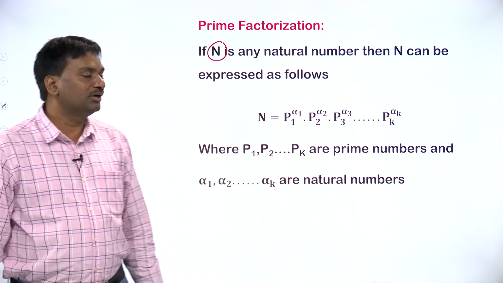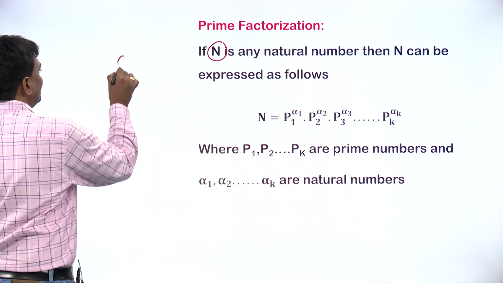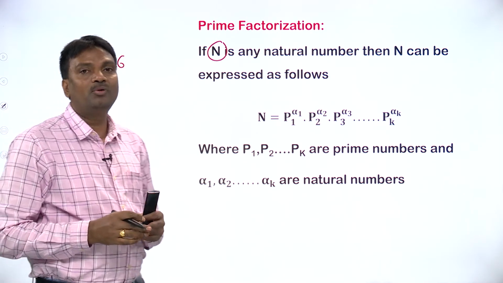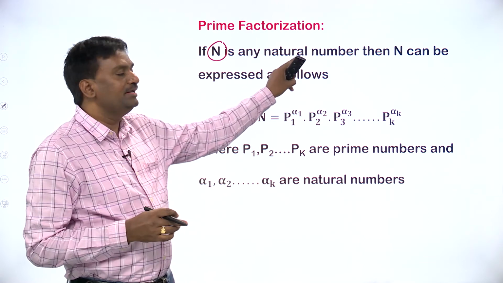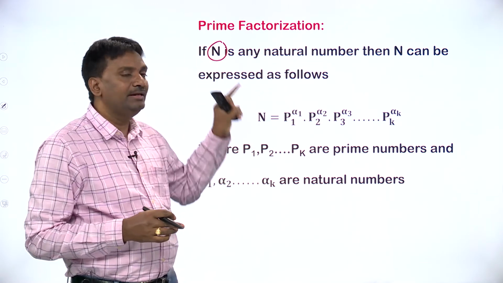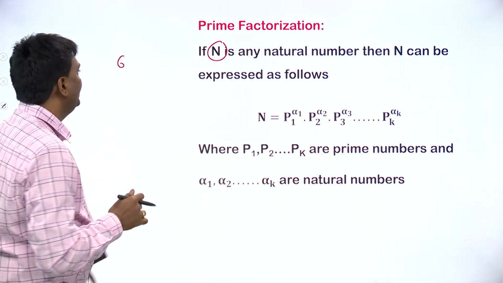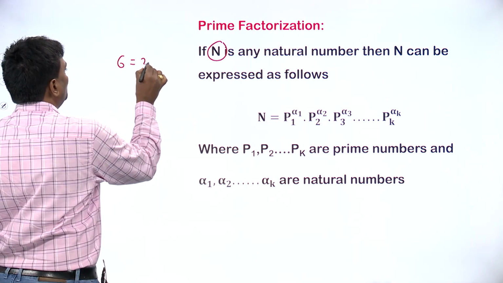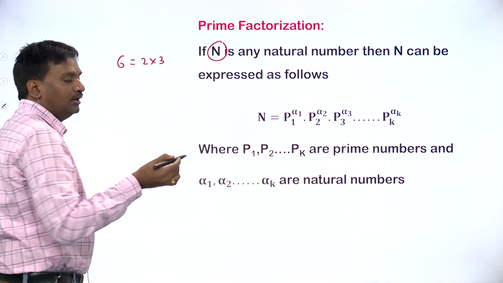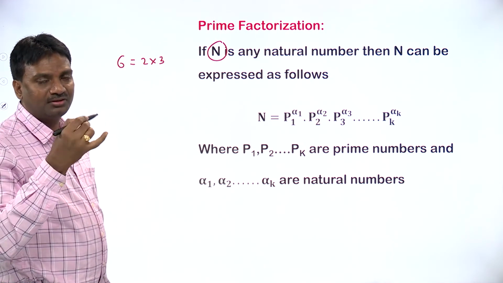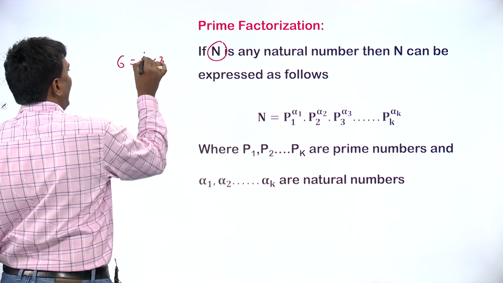Suppose 6 is there; actually 6 is a composite number. If N is any natural number, here I am taking that natural number as 6. Now, this 6 can be written as 2 into 3. Since there is no power shown for 2 and 3, we can take the power as 1.